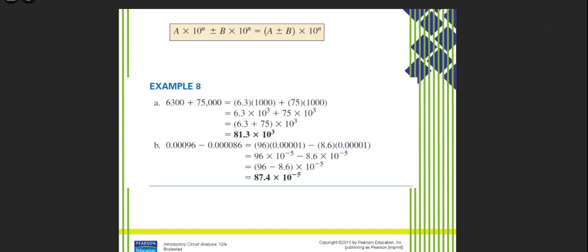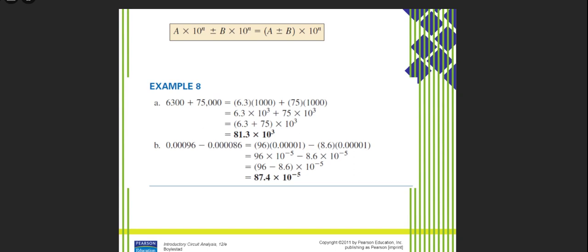So here is another example as well. I have this number, and also I have this number. If you look at the number of zeros in here, 1, 2, 3, 4, 5, so this one is 96 times 10 power of negative 5. But for this one, if you look, 1, 2, 3, 4, 5, 6, I have 6 digits after the point, so it will be 10 power of negative 6.